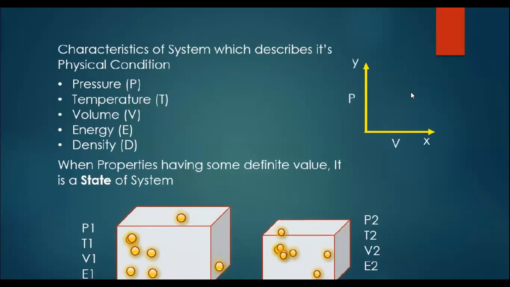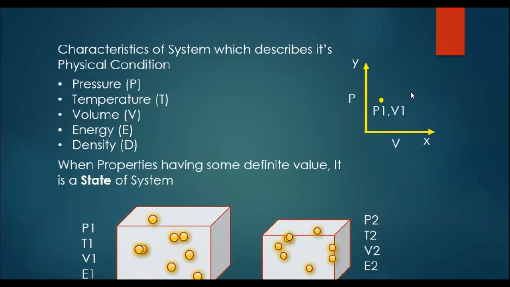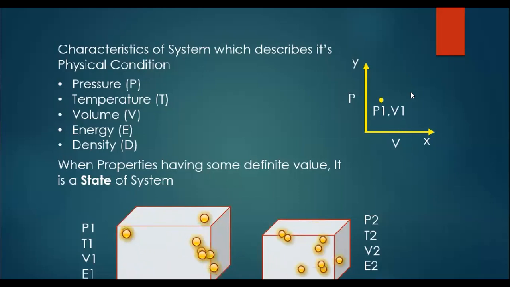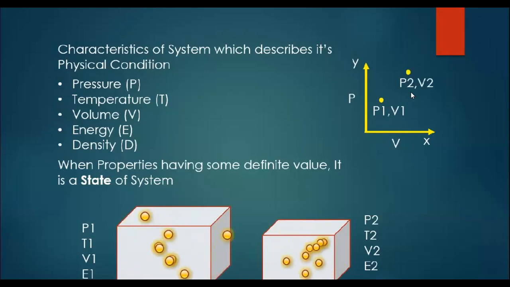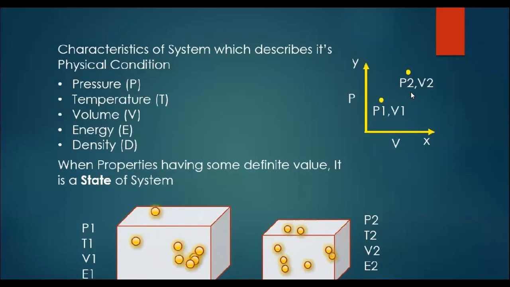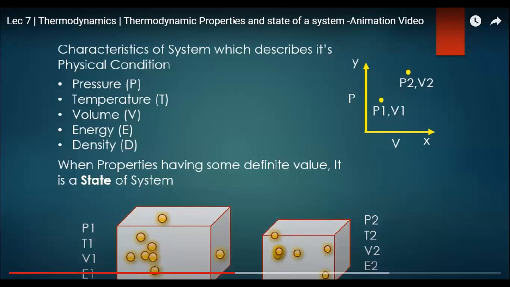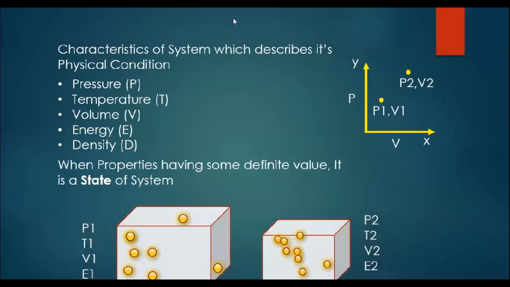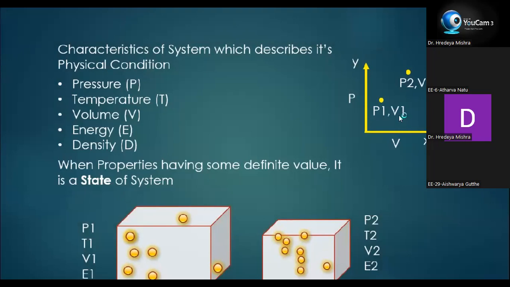So the state is P1 V1, which means that at that state its pressure is P1 and the volume is V1. We will write the second one, it is having a pressure P2 and V2, means that when the pressure is P2 and V2, the second dot is the state. Okay, to specify the state we need the properties.